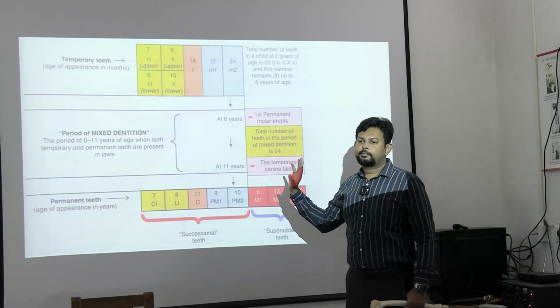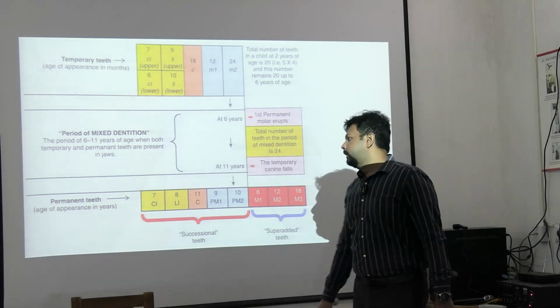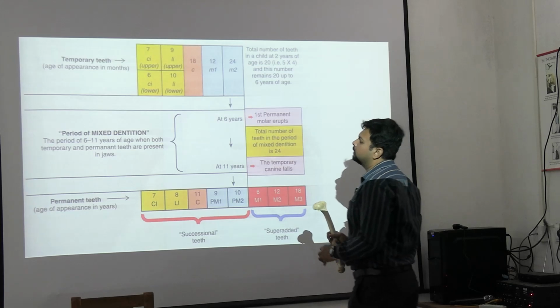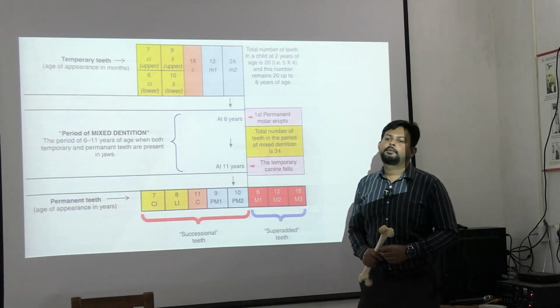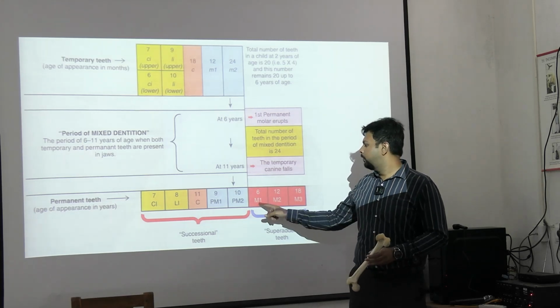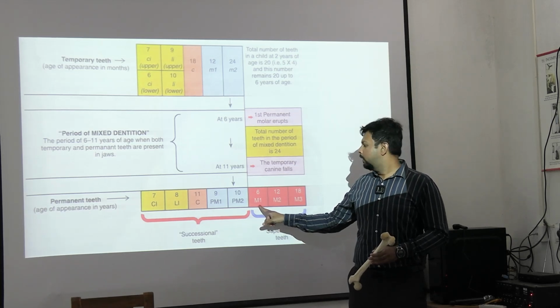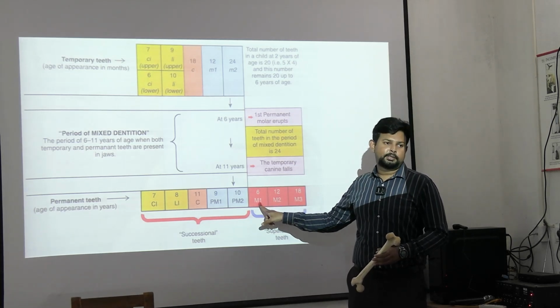6 to 11 years. Now coming to permanent teeth. What is the first permanent tooth to erupt? That's also a question. First permanent tooth to erupt is first molar, at 6 years of age.